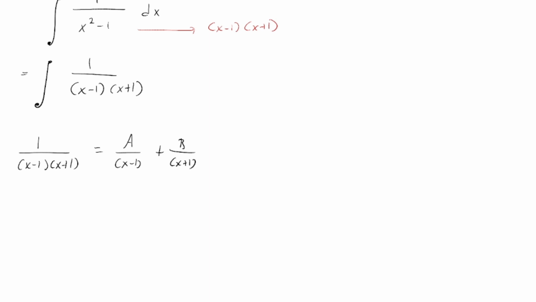To get rid of the denominators, I'm going to multiply by x plus 1 for the A and x minus 1 for the B. So 1 is equal to A times (x plus 1) plus B times (x minus 1).